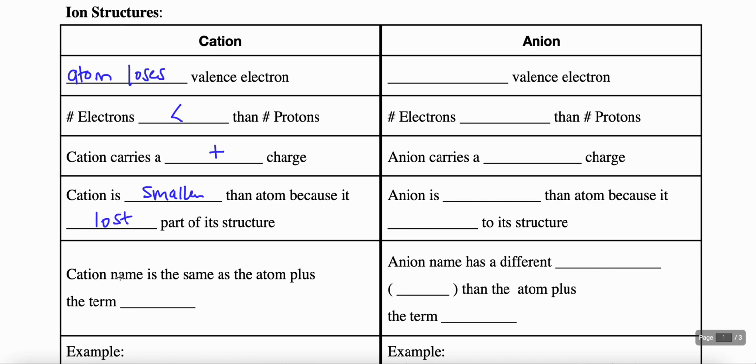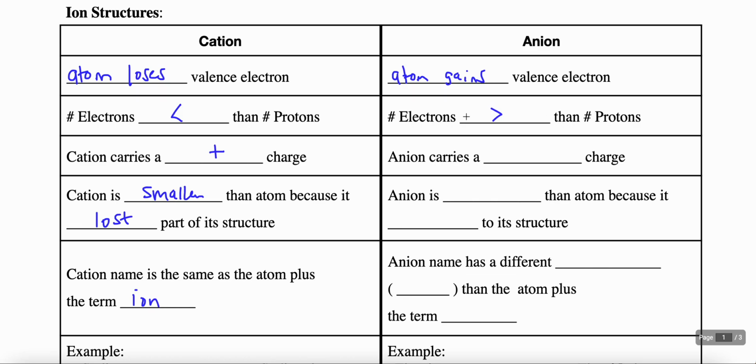Now, the cation has a name. The cation name is the same as the atom plus the term ion. Okay, let's go over to the anion. An anion forms when the atom gains valence electrons. And when this happens, the number of electrons is now greater than the number of protons.